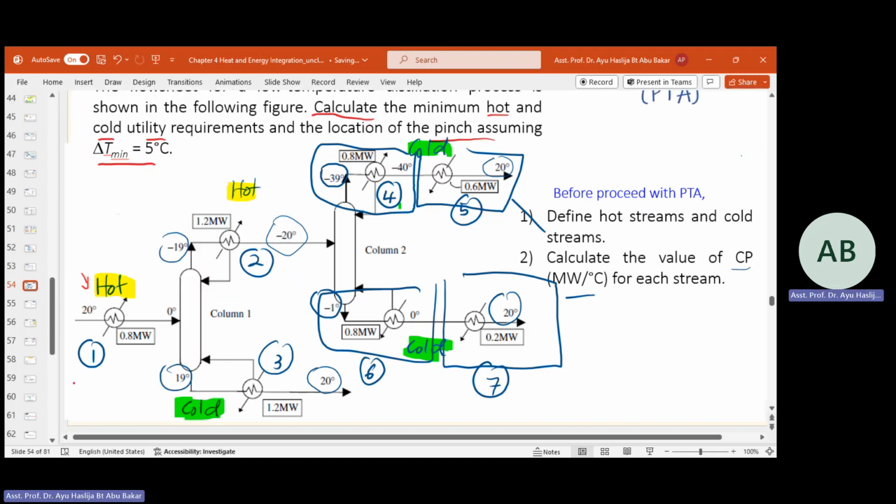For stream 1, what is the CP? Correct. Okay, the formula for CP is delta H over delta T.